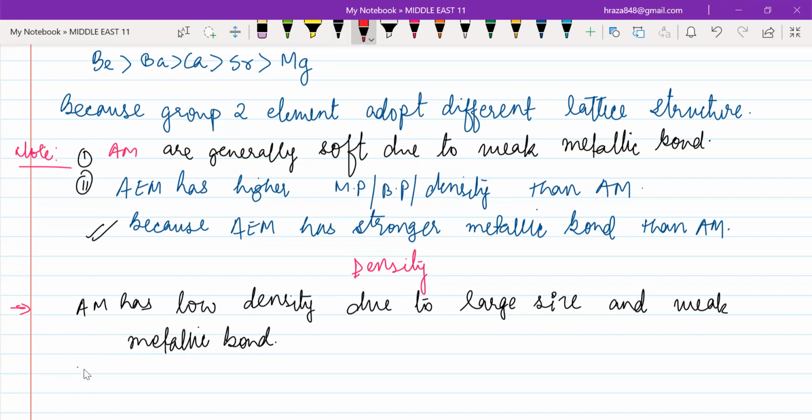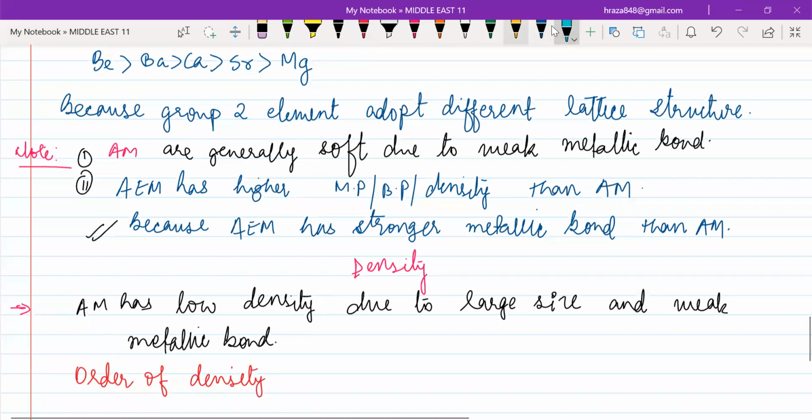So basically, we can write order of density: lithium, then potassium, then sodium. Sodium has more density than potassium because potassium is more soft than sodium.